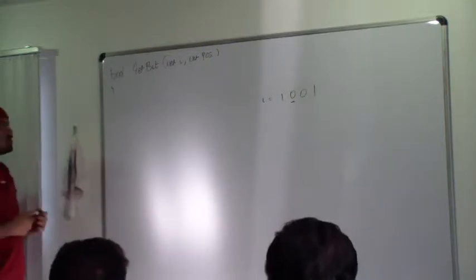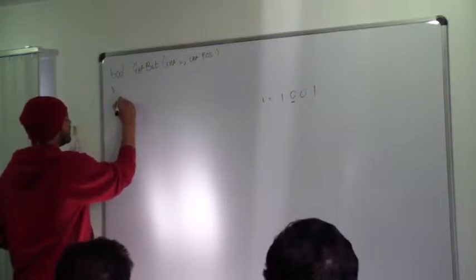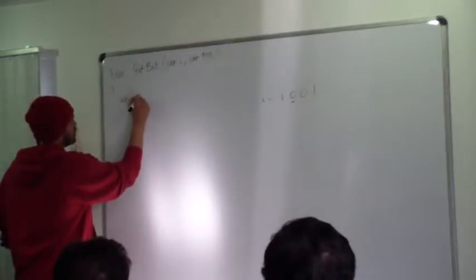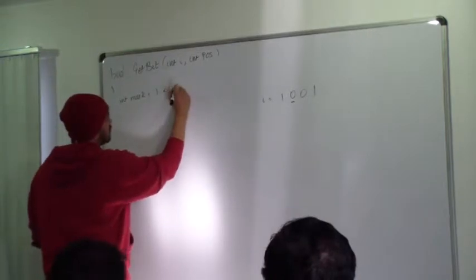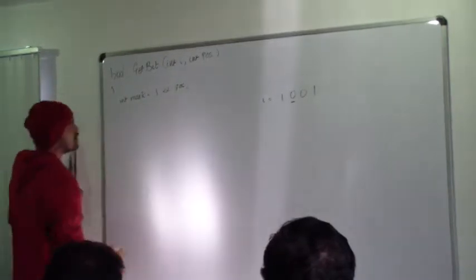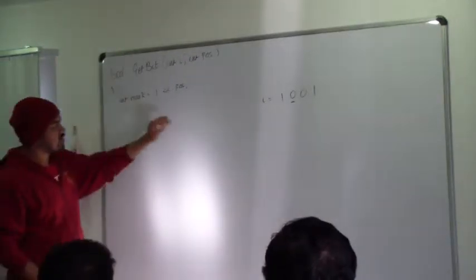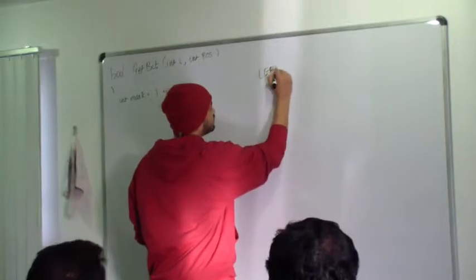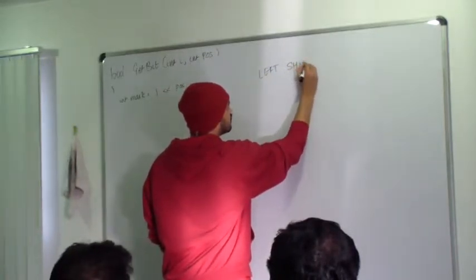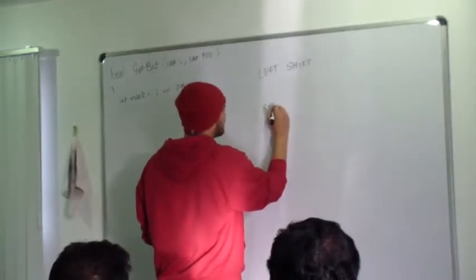Multiply it by 1, shift, and if you take 0, then 0. Okay. So what you do is you take a mask. Oh, I actually forgot to explain this. Before we get into this, one is a left shift, one is a right shift.